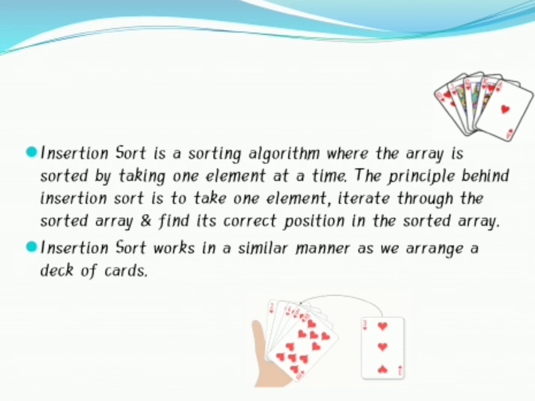In the same way, if the array of elements is given in some irregular manner, we arrange them in the correct position. At the bottom, I displayed a picture where card number 3 is going to be inserted after card number 2. Here card number 3 finds its correct position and is placed in a sorted pack of cards. This is nothing but insertion sorting.